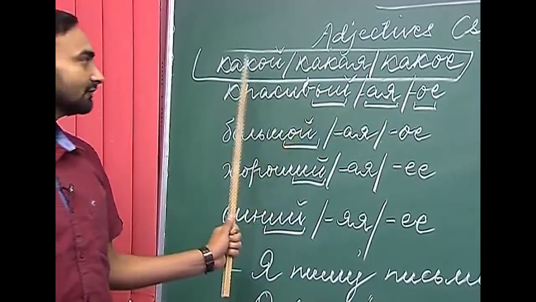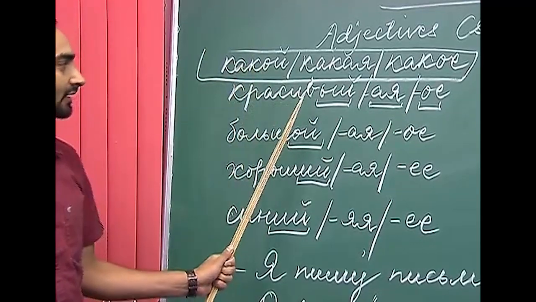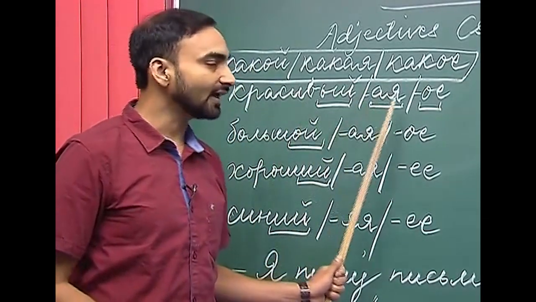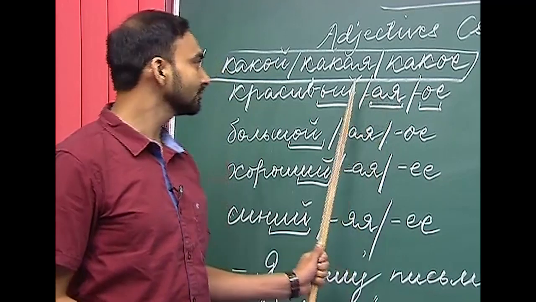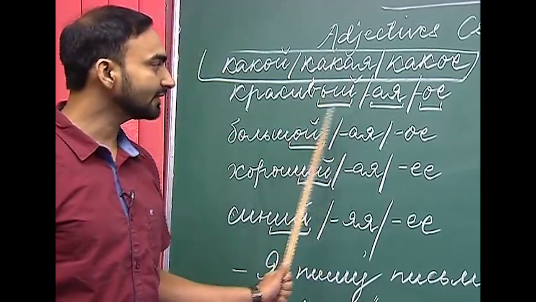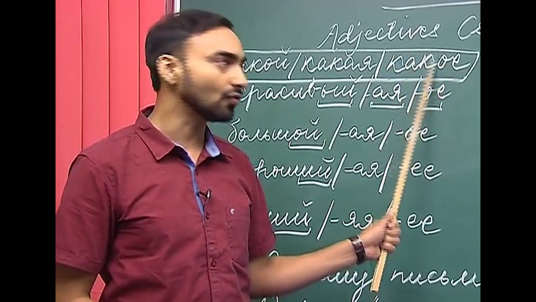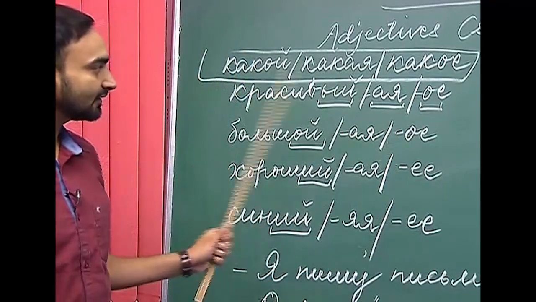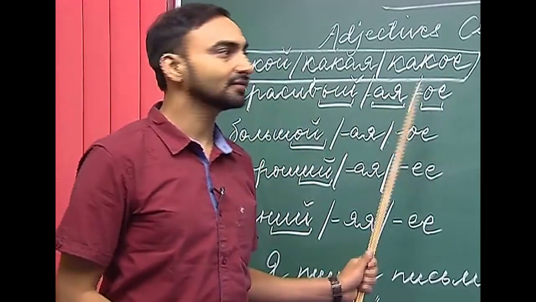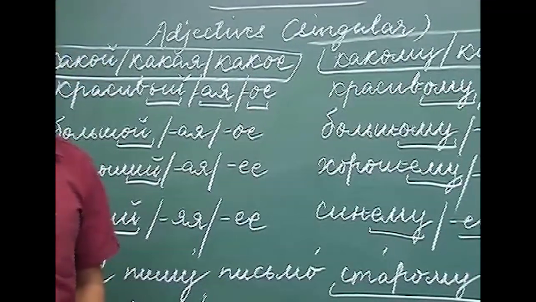Красивый is the masculine form and it answers the question какой. Красивая is the feminine form which answers the question какая, and красивое answers the interrogative word какое. So, what happens when these forms are used in the dative case and what questions do they answer?